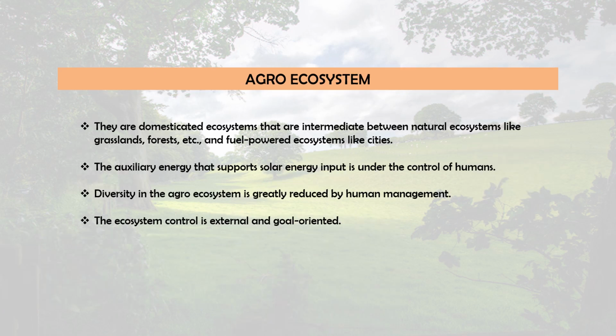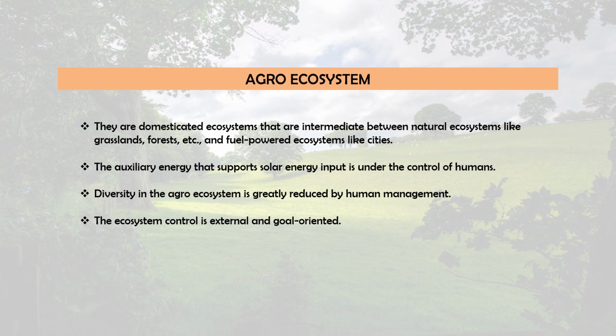And this is the next example, that is agroecosystem. Agroecosystem is short for agricultural ecosystems. These are domesticated ecosystems that are intermediate between natural and fuel powered ecosystems.